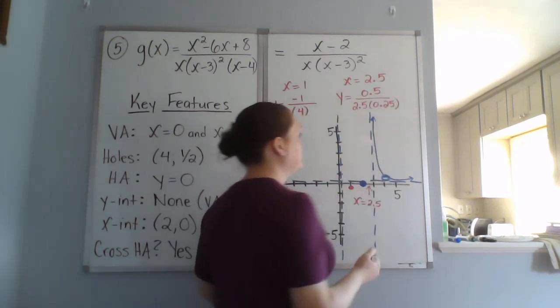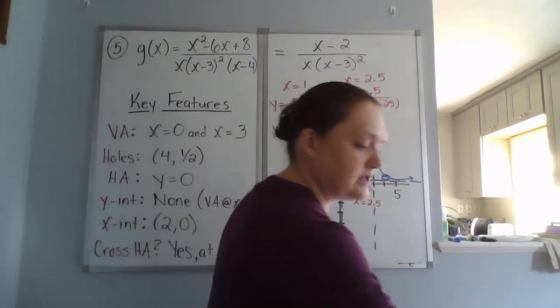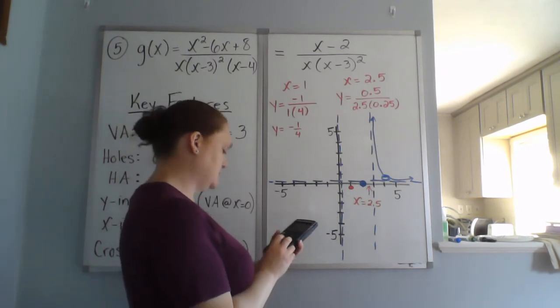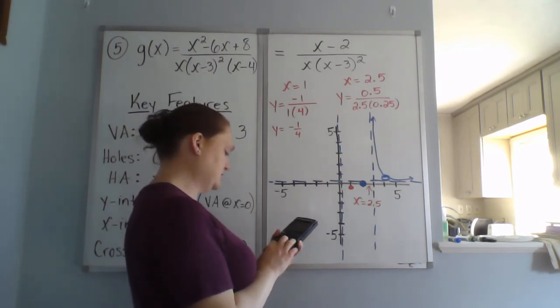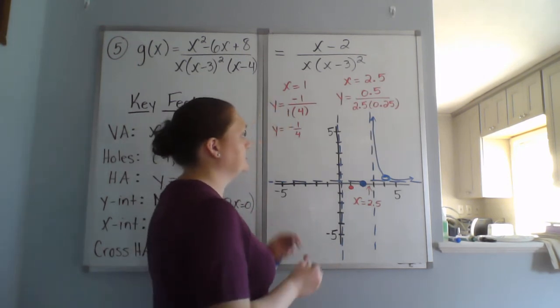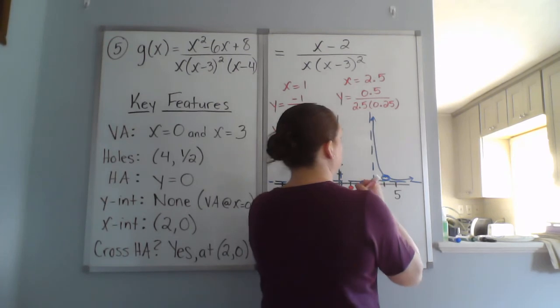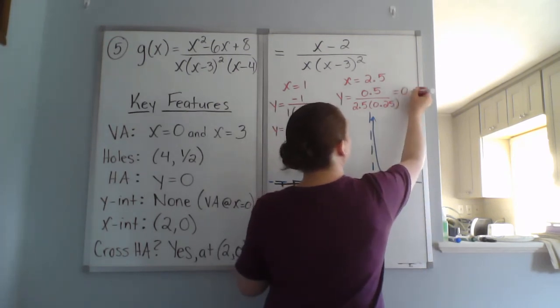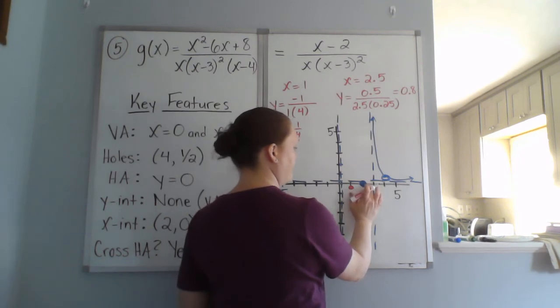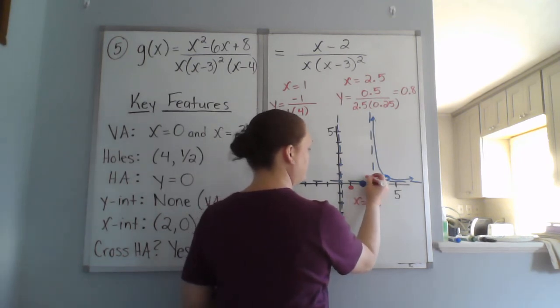Alright, so this is a crazy number, but that's what your calculator's for. So we're going to do 0.5 divided by parentheses 2.5 times 0.25. That comes out to 0.8. So this comes out to 0.8 overall, which is a positive y value. So here at 2.5, I need to go up just below 1.